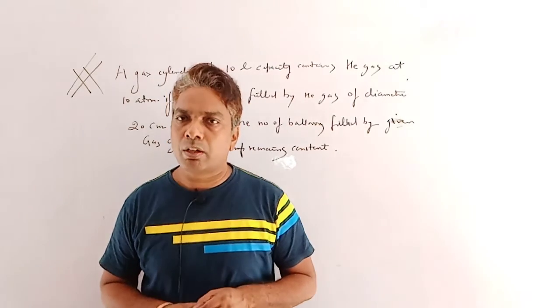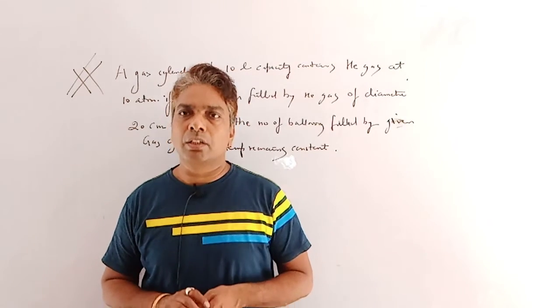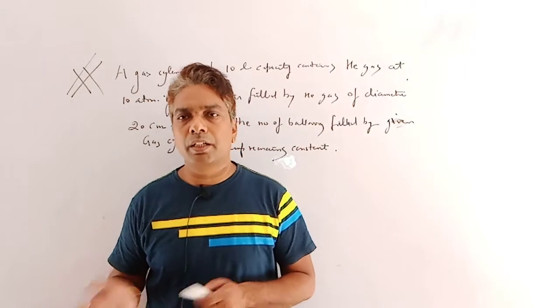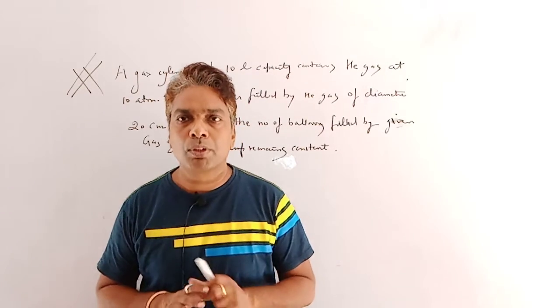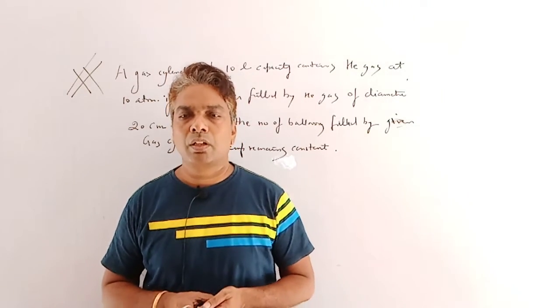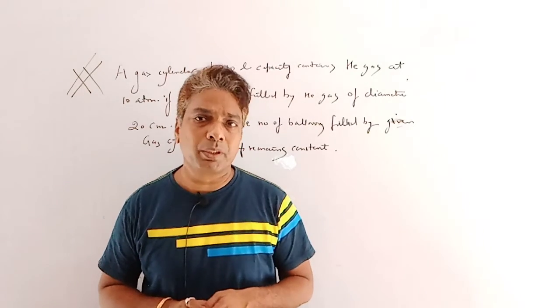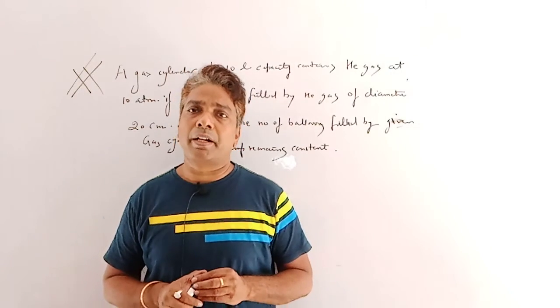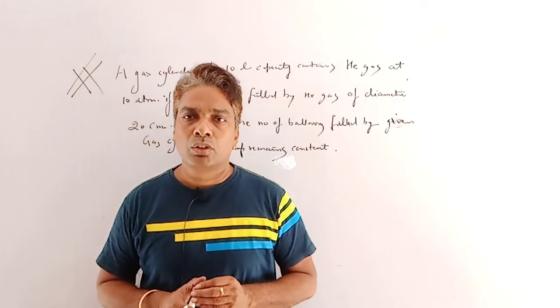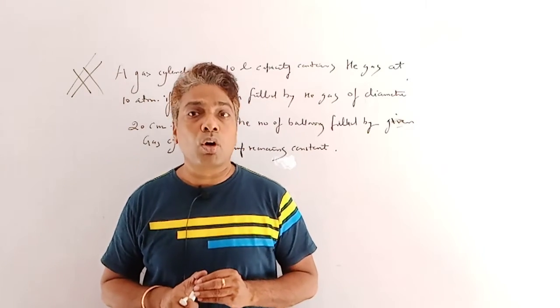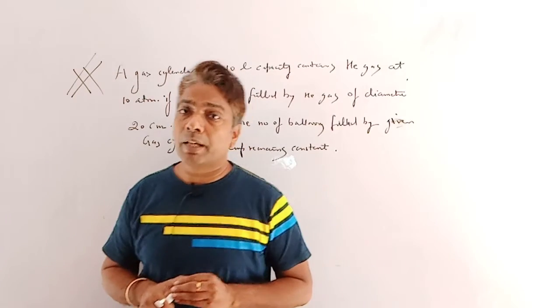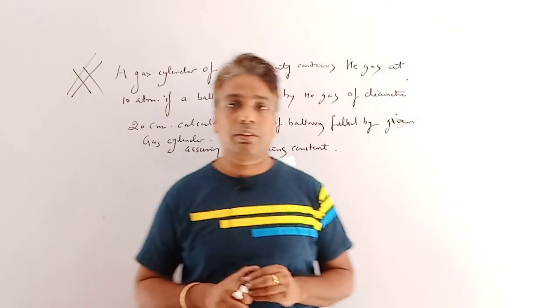So firstly calculate, when the whole gas is leaked from the cylinder to the atmosphere, how much volume will be occupied by the helium gas, assuming helium gas is an ideal gas. Clear? So volume occupied by the helium gas at 1 atmosphere.